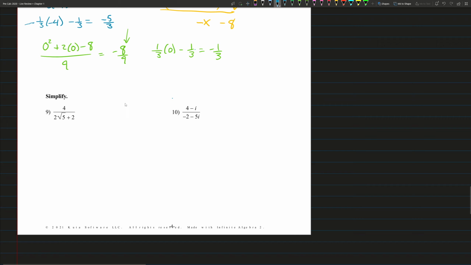In order to simplify things with sums in the denominator, like 2 rad 5 plus 2, whenever you see stuff that looks like that, we're multiplying by a conjugate. So the conjugate of that denominator is 2 rad 5 minus 2, and then we have to do that over itself. So this is equal to 4 times 2 rad 5, that's 8 rad 5. And then negative 2 times 4, that's negative 8.